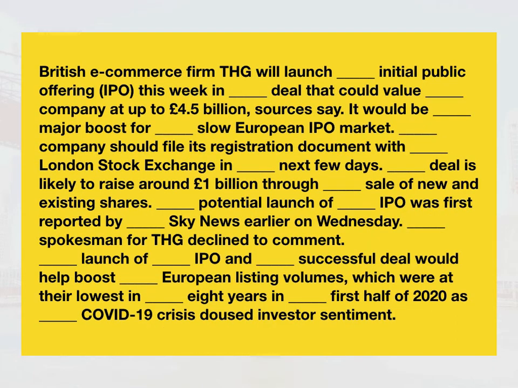One final example. British e-commerce firm THG will launch initial public offering, IPO, this week, in deal that could value company at up to £4.5 billion, sources say. It would be major boost for slow European IPO market.